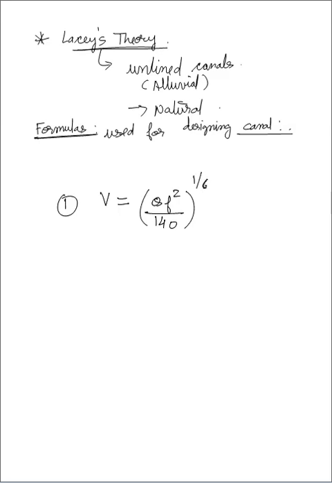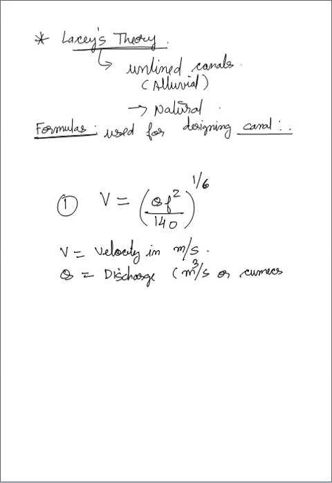Okay, now here V is the velocity in meter per second. Q is the discharge or rate of flow in meter cube per second, you may call it as Q max. And f is the silt factor.